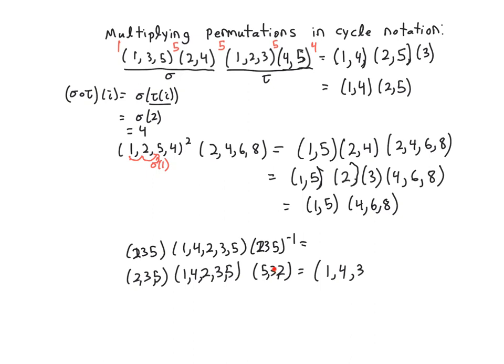Alright, now 3 goes to 2, 2 goes to 3, 3 goes to 5, so 3 goes to 5. 5 goes to 3, 3 goes to 5, 5 goes to 2. Finally, 2 goes to 5, 5 goes to 1. And so there's our answer.